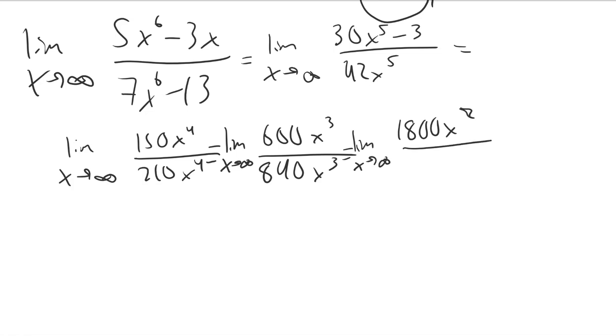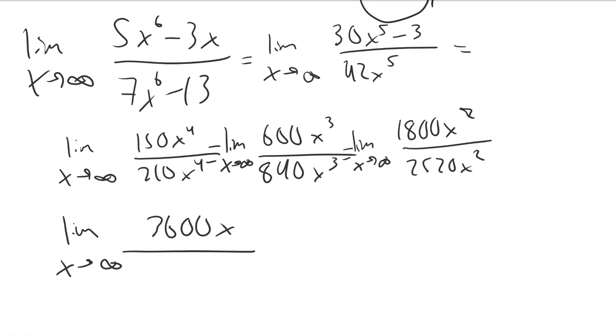So we could do the derivative again. Still indeterminate form. So derivative of the numerator again, over the derivative of the denominator. It's still infinity over infinity. One more time.